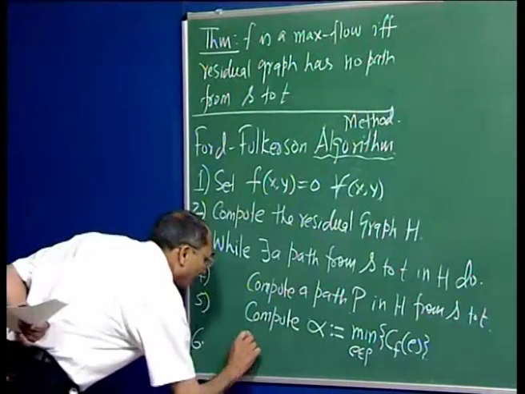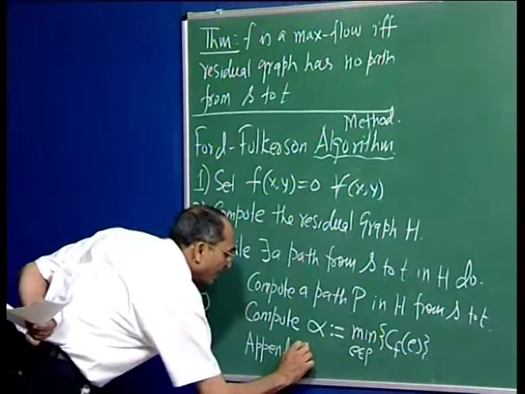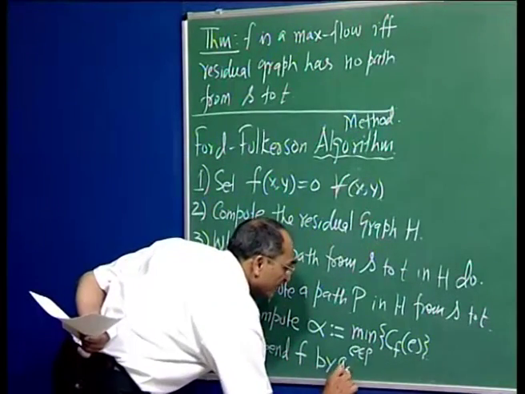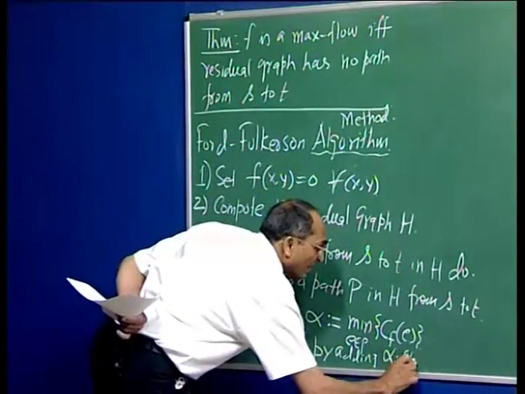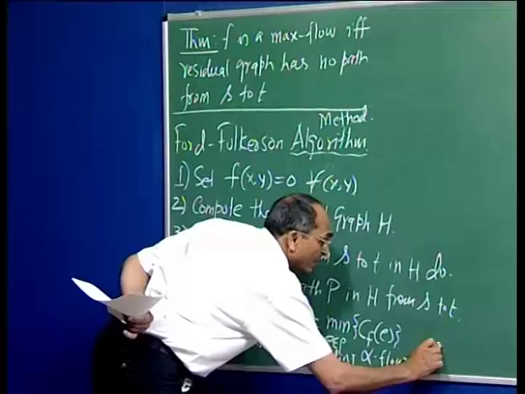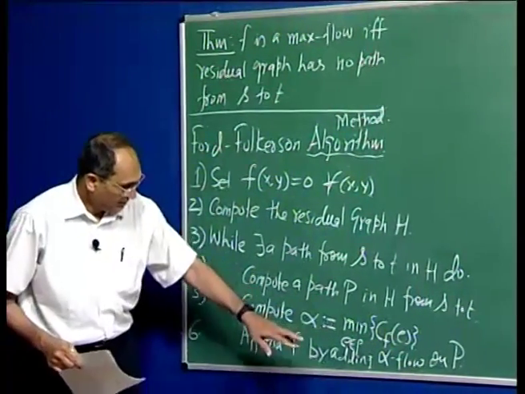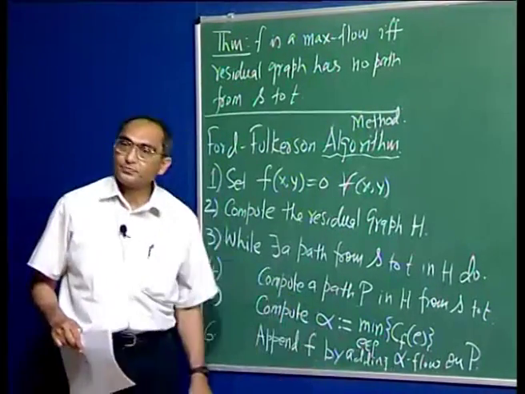Augment f by adding alpha flow on P. Leave all the other edges intact, but all the edges of P now will have alpha more flow.